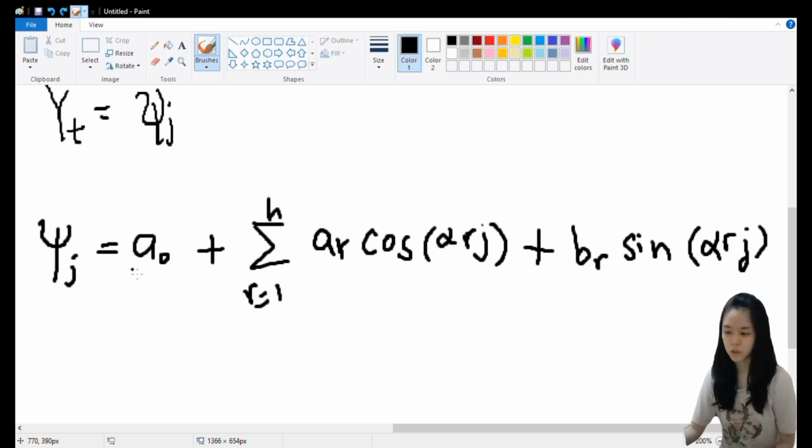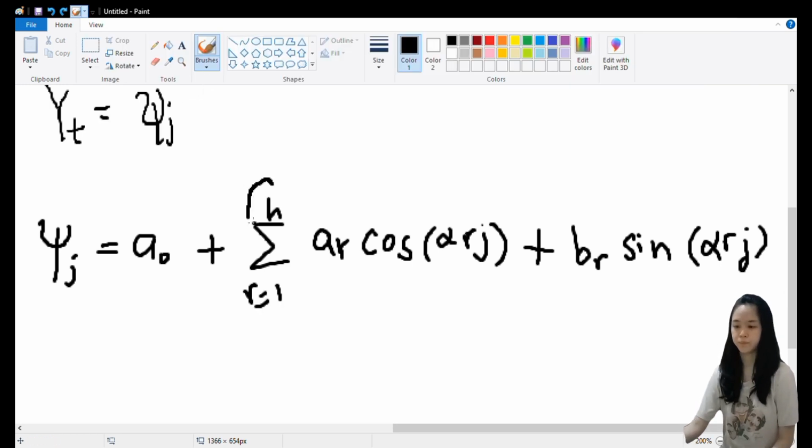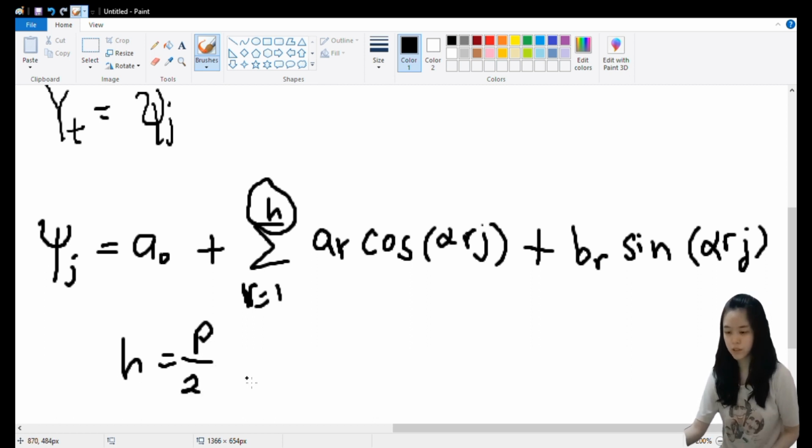Okay, now I want to tell you what h is here. r goes from 1 until h, right? And what is h? h is the harmonics, and h is defined to be p divided by 2 if p is even, which is the case for today's video. p is 12, right?